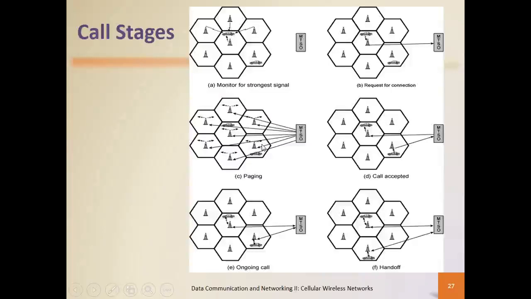And once you identify that through the paging, it can create a call, which is called the call is accepted, and then establish a circuit between the mobile unit within the cell and the cell where the other requesting unit is coming from. So now you do have a circuit being created between this cell and this cell to exchange transmission or conversation or calls between two handsets that are within two different cells.